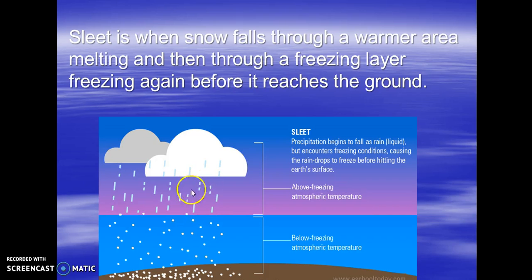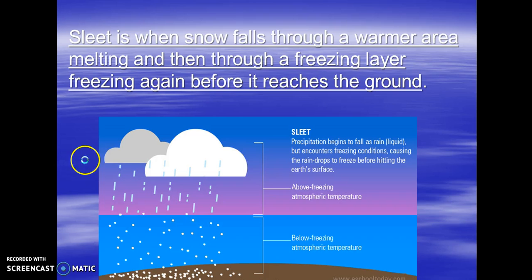So again, it can fall as liquid or even snow, and it'll melt, and then it goes through a fairly deep area of cold air below freezing, and it actually can freeze into pellets before it reaches the ground.